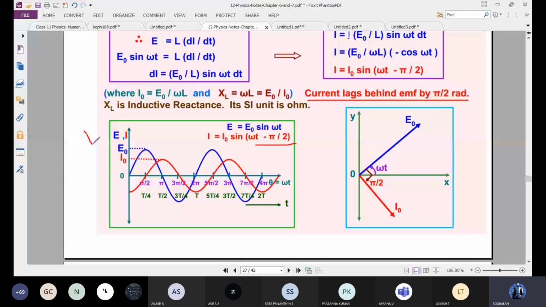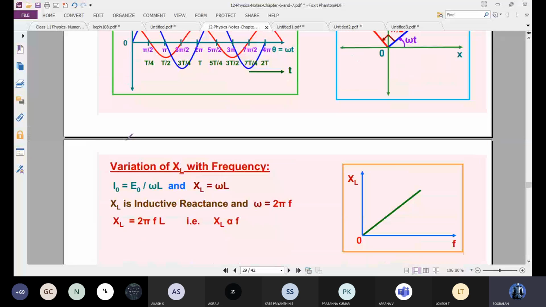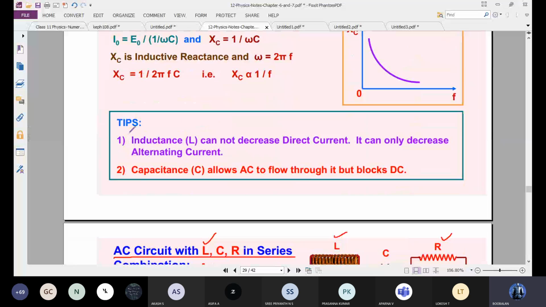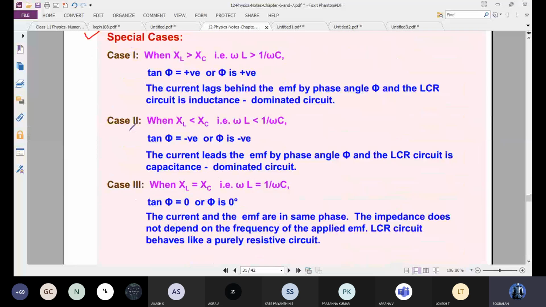Inductor diagram also. LCR. So the remaining things we'll discuss next class.